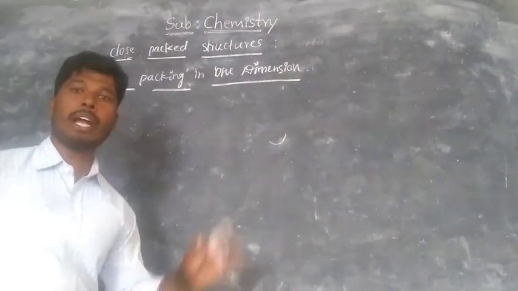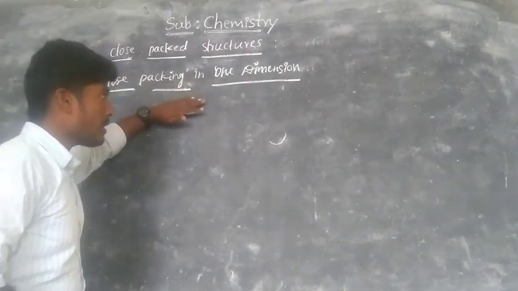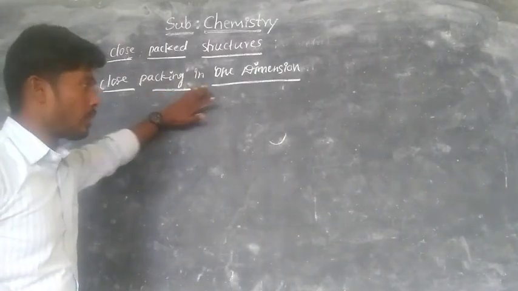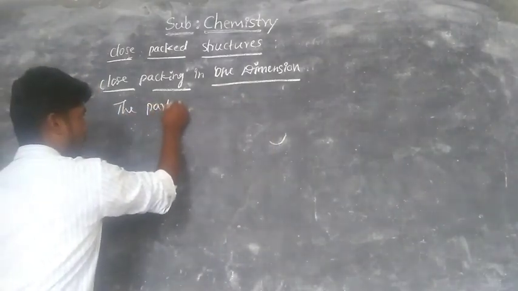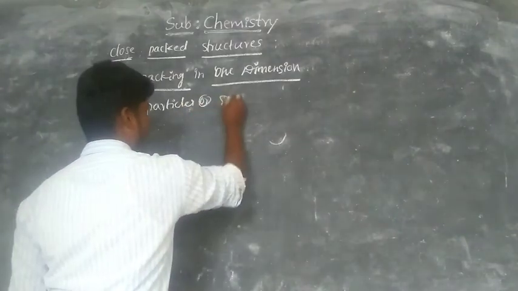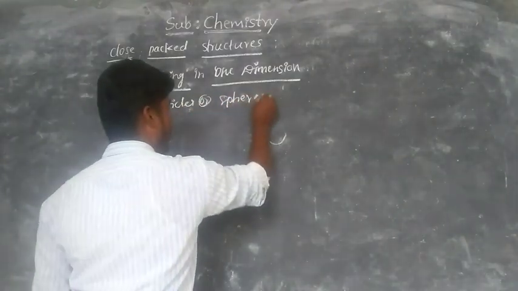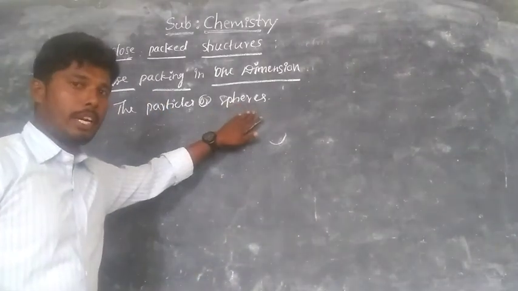Now, to understand close packed in one dimension, the particles are spheres. Why do we call particles spheres? Because the particles are spherical in shape.